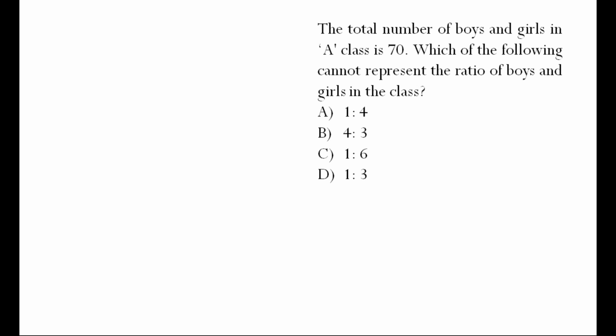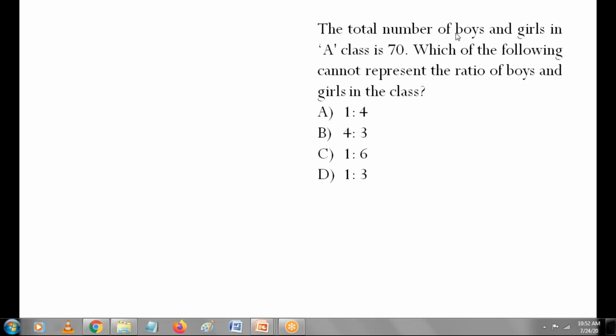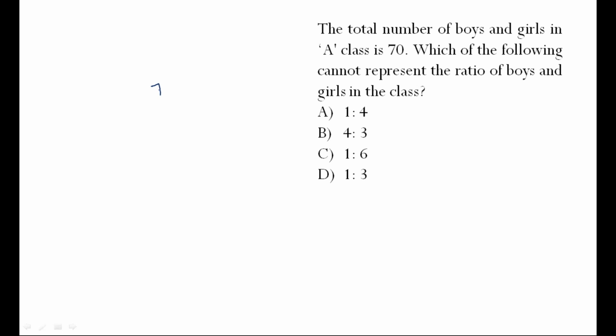Now see this question, such a basic one. Total number of boys and girls is 70. Which of the options cannot represent boys and girls? As per option A, boys and girls are 1:4.